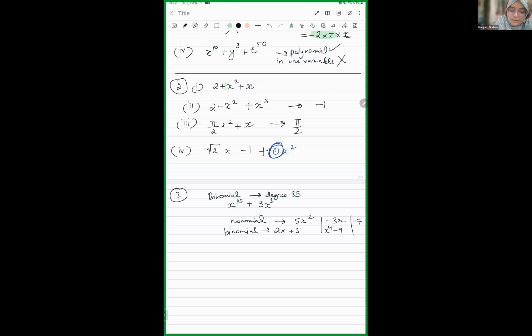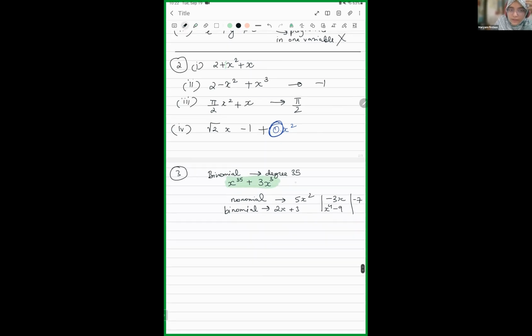The degree of this is again 35 only, because we know that the degree is the highest power. So this is also an example. Got it? Okay. Avni, can you give me an example of a monomial of degree 100?